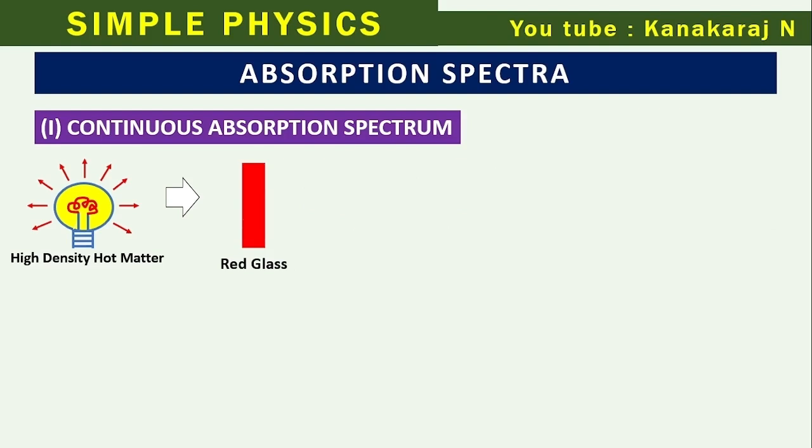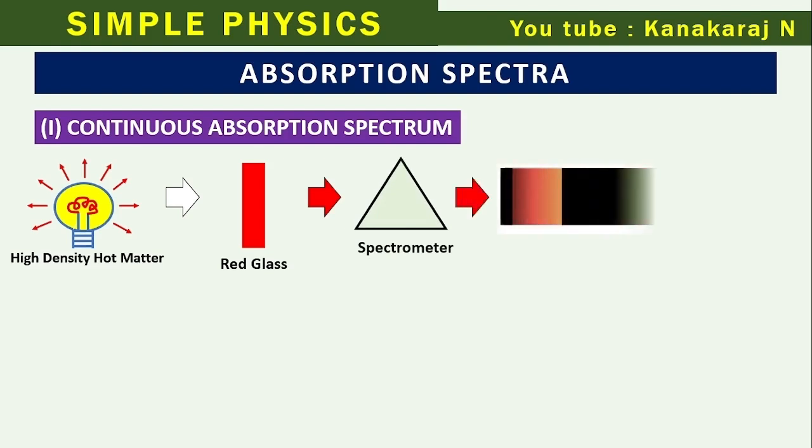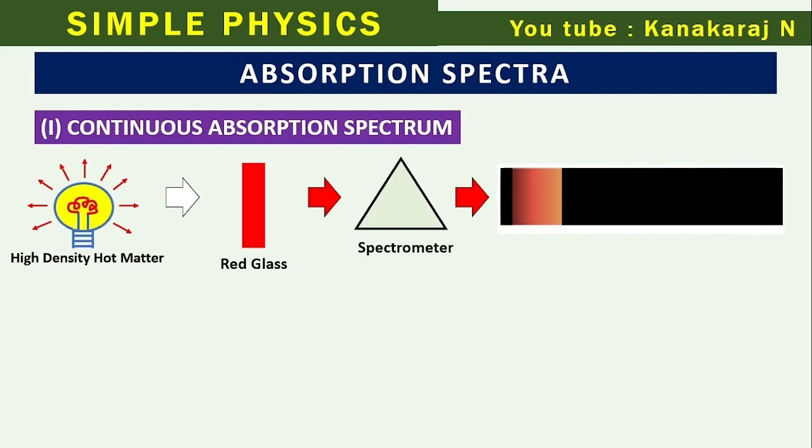White light is passed through a red glass, and again passed through a spectrometer, we get a continuous absorption spectrum. Here the red glass absorbs all the colors except red.